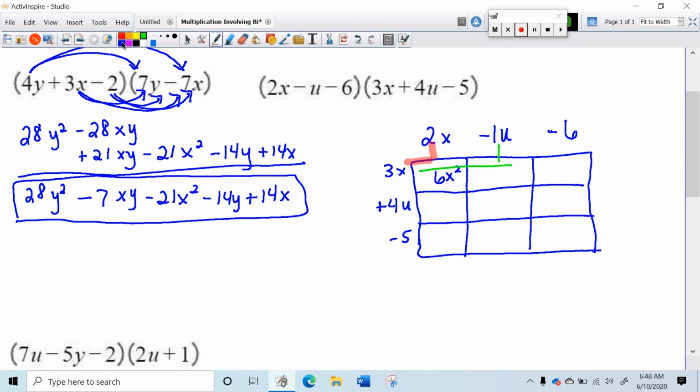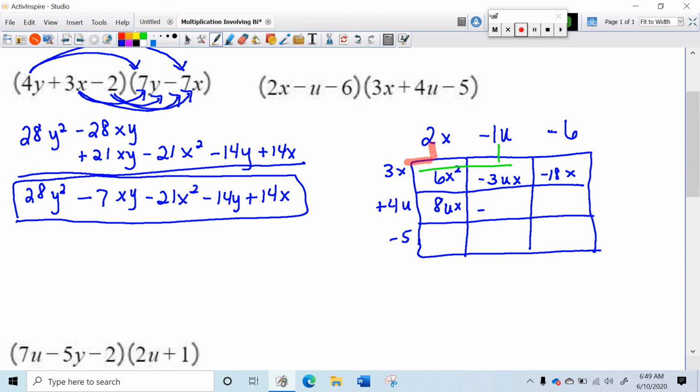So negative 1 times 3 is negative 3, and I have an x and a u. So I'll just put it as ux. Alphabetical order again. Negative 6 times 3 is negative 18. It's up and over, and then you have an x. The next row, up and over again. 2 times 4 is 8, and I have a u and an x.